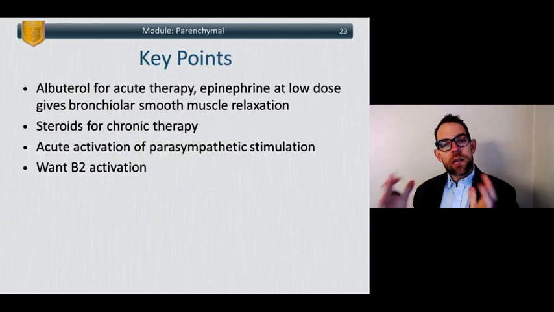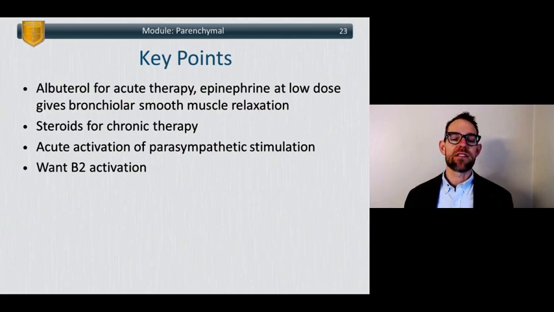Okay, so key points for this section: realize that albuterol is what we use for acute therapy. We can also use low-dose epi with acute therapy when albuterol fails, so that can also give bronchial smooth muscle relaxation. You want to give inhaled steroids for chronic therapy.